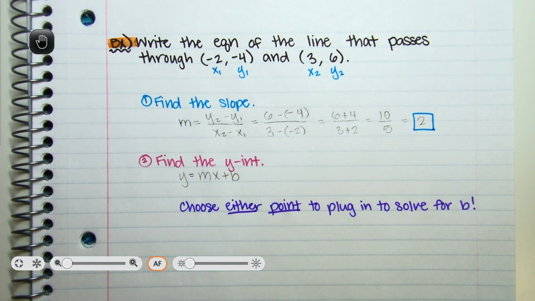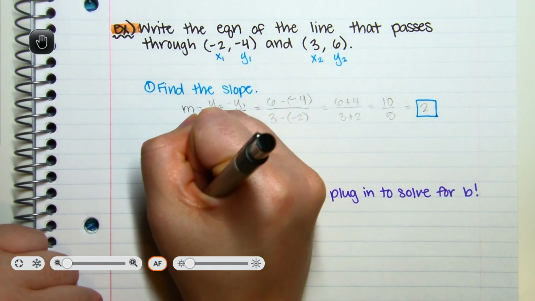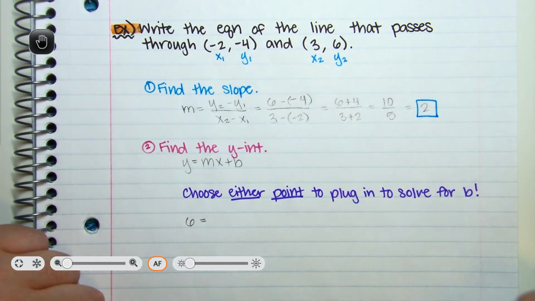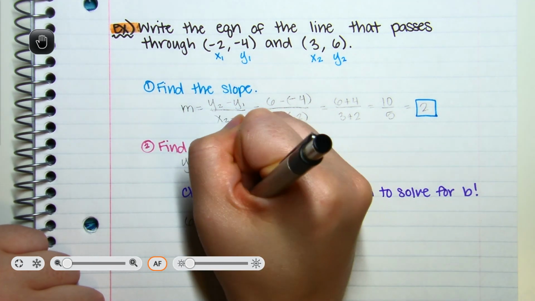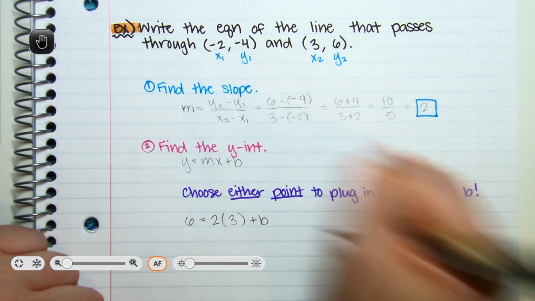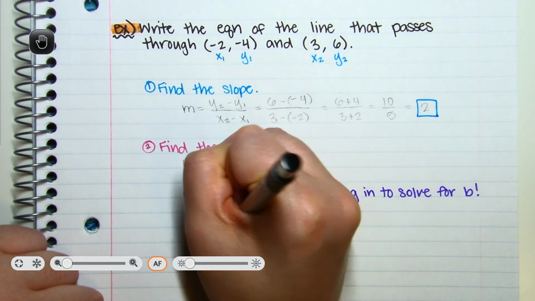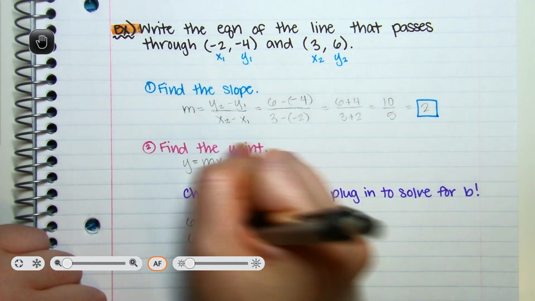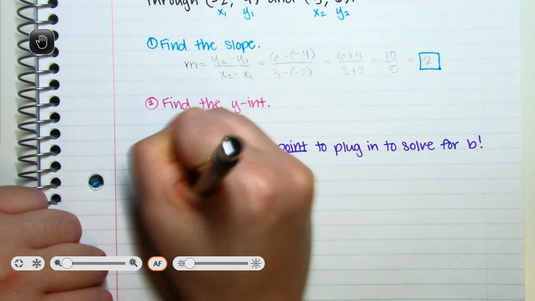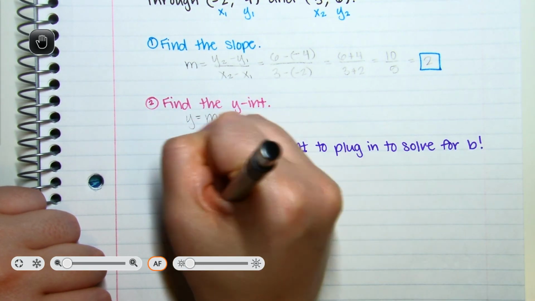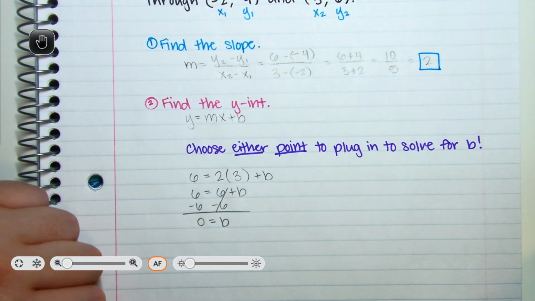So I'm going to use the 3, 6. So if I'm using that, my y is 6 equals, my slope is 2, my x is 3 plus b. So 6 equals 6 plus b. If I subtract 6 from both sides, I get 0 equals b. So all that and my y-intercept is 0.